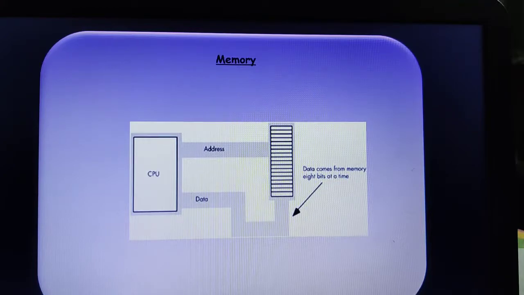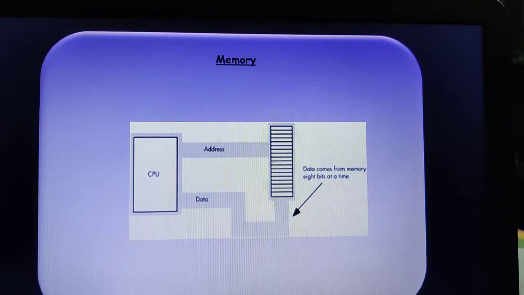That means the address bus helps you know how many memory locations there are. Plus, whenever there is a data transfer between the CPU and the RAM, whether you are writing the data or reading the data from the random access memory to the CPU, you need to have the address of that particular memory location.